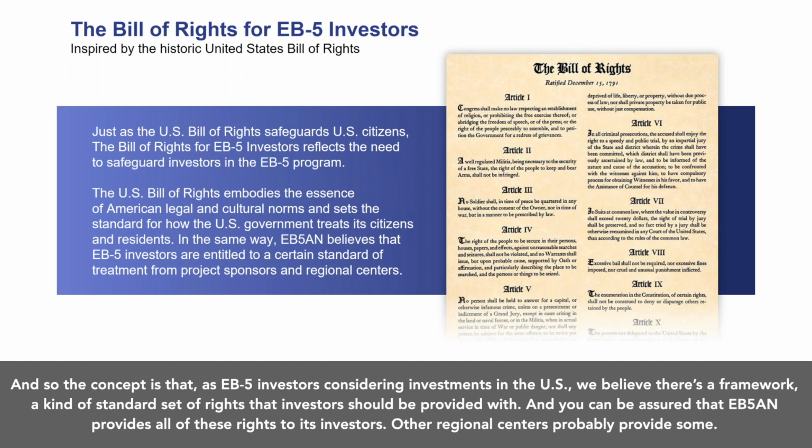And so the concept is that as EB-5 investors considering investments in the US, we believe there's a framework, a kind of standard set of rights that investors should be provided with. And you can be assured that EB-5AN provides all of these rights to its investors. Other regional centers probably provide some.